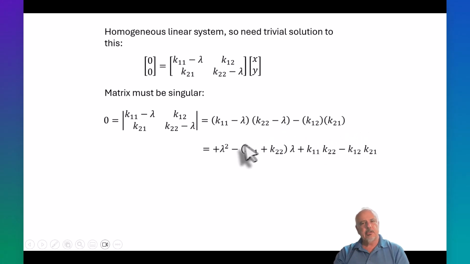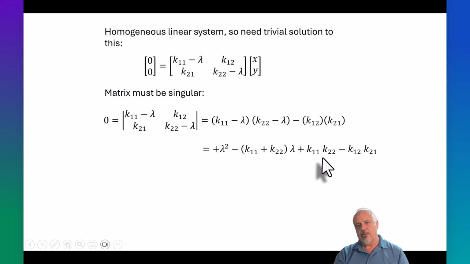And then I can sort of collect things where I have a lambda squared. So my lambda is going to be my eigenvalue. And I've got lambda squared, and I have the K11, K22. So that's actually called the trace of the original stiffness matrix, the sum of the diagonal.